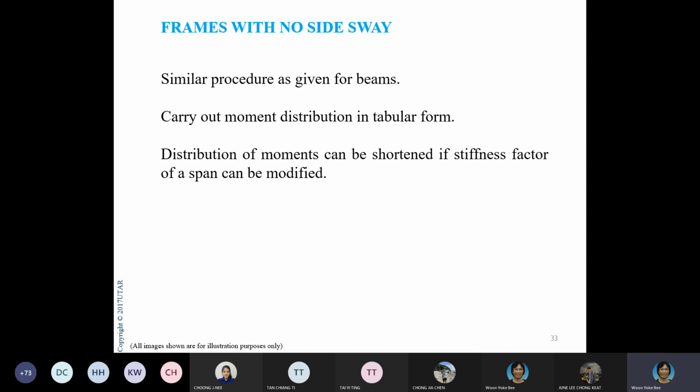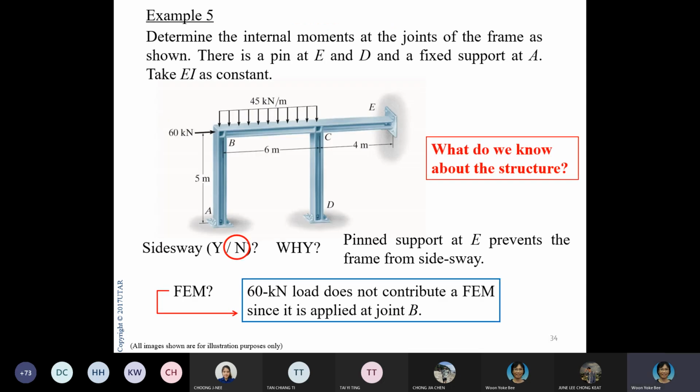So of course, like slope deflection, you need to establish whether the frame has side sway or no side sway. That's the only difference between the beams and the frame. If you see a frame, you need to first and foremost establish whether it has a side sway or not. And how do we know whether it has a side sway? There are only two conditions.